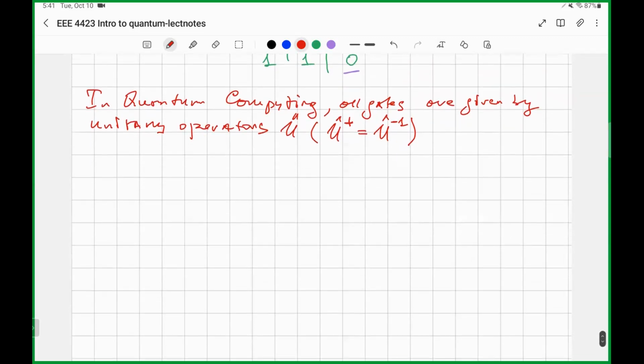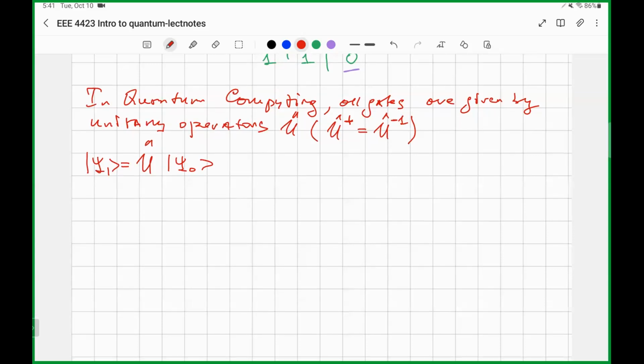Why is it so? Just remind you that if you have some state psi 0, and then you act this operator on this state, of course you get another state, denoted by psi 1.